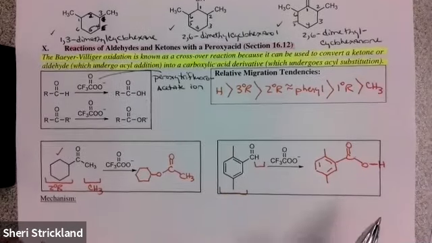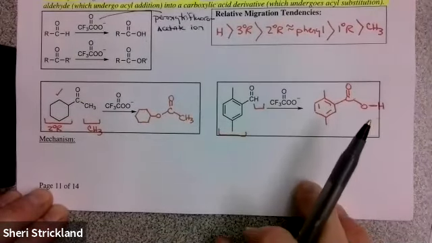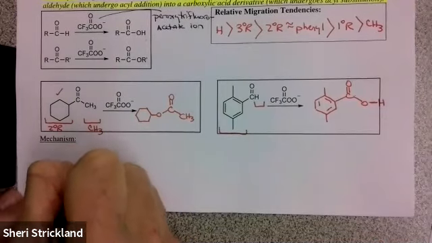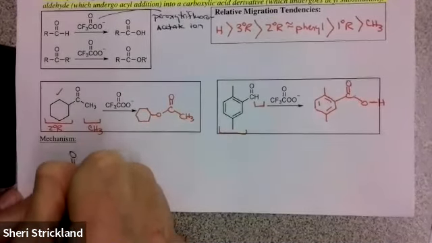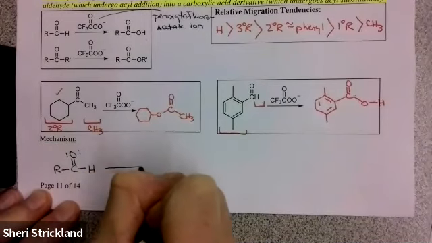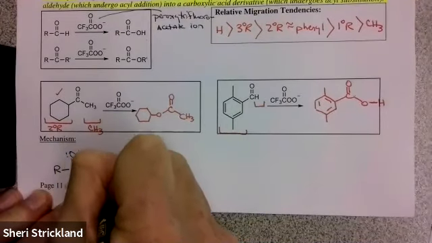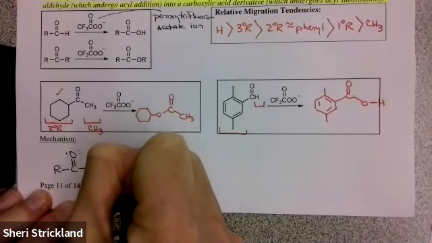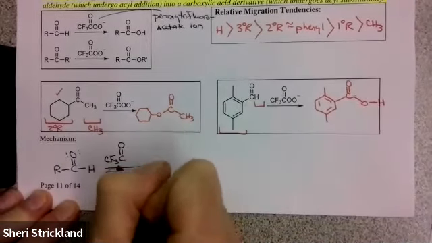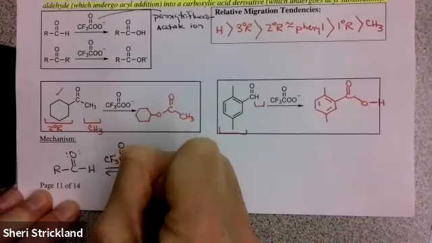All right, let's take a look at the mechanism, and we're going to do the aldehyde into the carboxylic acid. Here's my aldehyde. And then there's a trifluoromethyl group right there to the left of the carbonyl. The peroxy part is the oxygen-oxygen single bond.